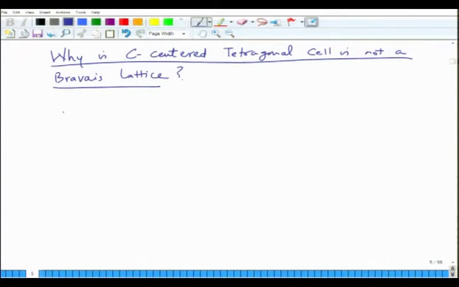You can see that it is not a Bravais lattice, because if I make a C centered tetragon, again I will have to make two unit cells.